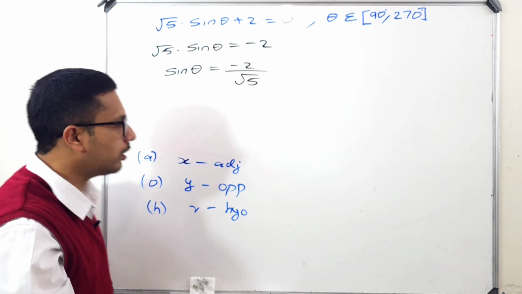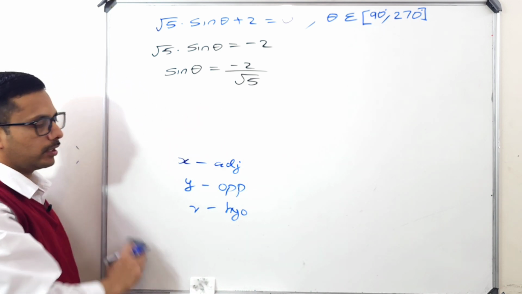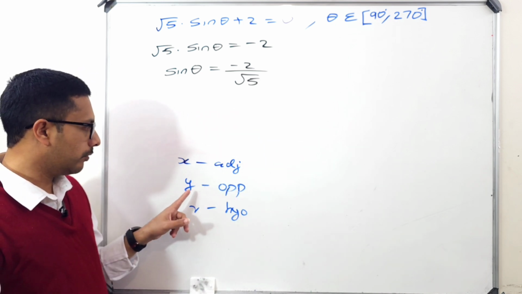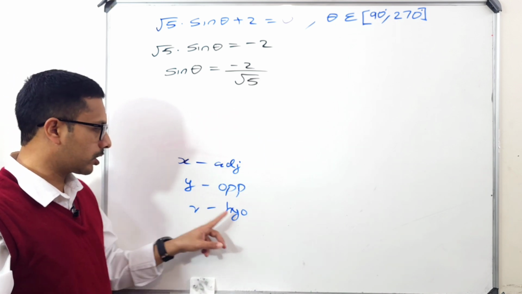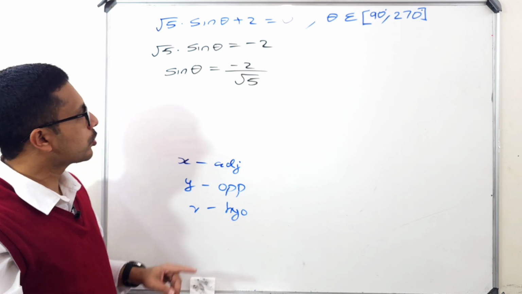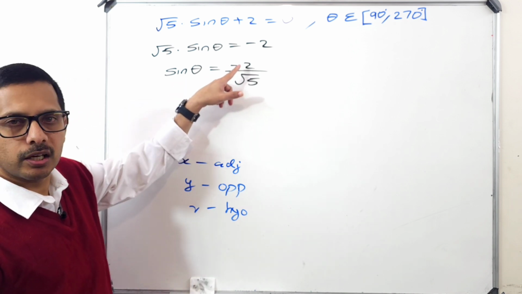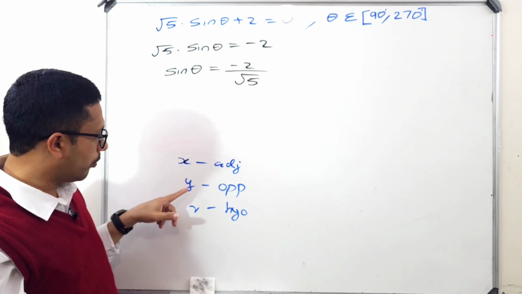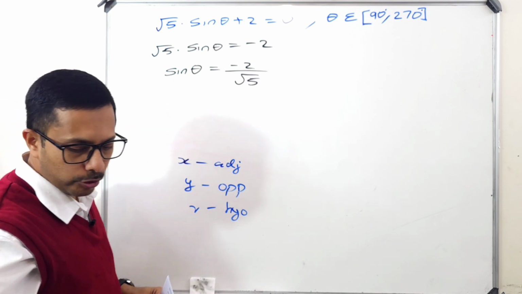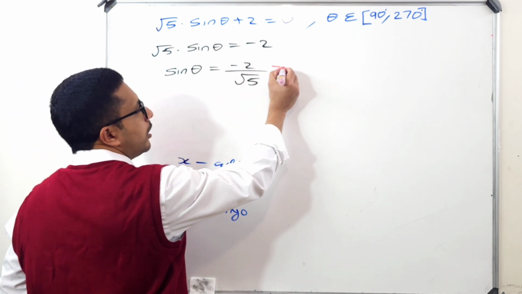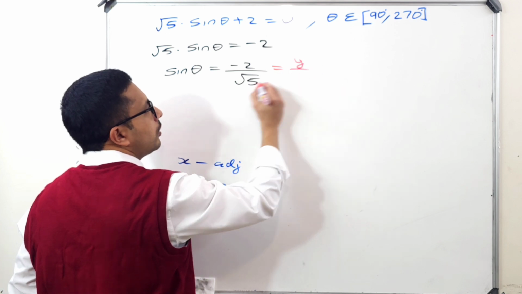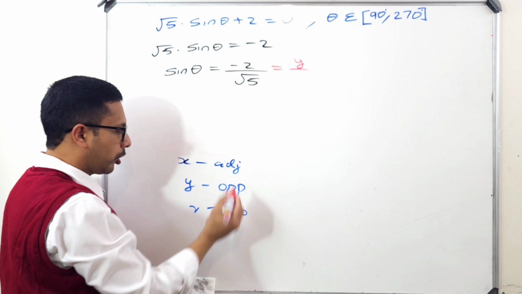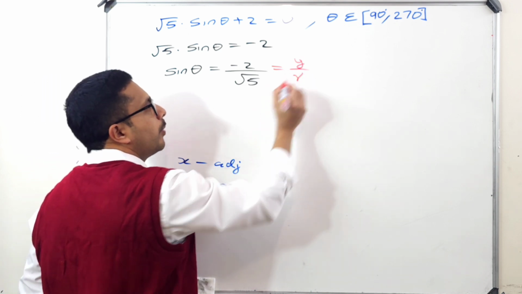Here my representation is: x stands for adjacent side, y stands for opposite side, and r stands for hypotenuse. What is the definition of sine theta? You know that it is opposite side by hypotenuse. Opposite side is y, so sine theta is y over r: opposite side divided by hypotenuse.